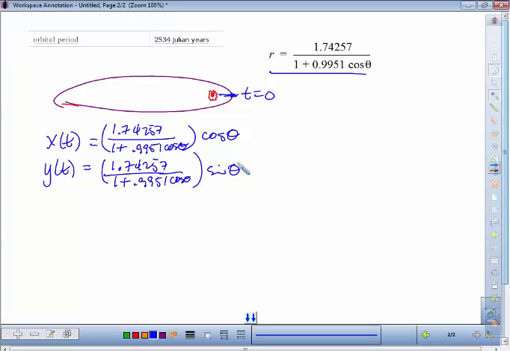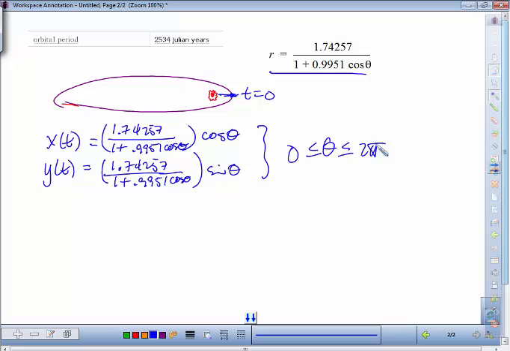So how long do you think this is going to go around the sun? What's our theta limits going to be? If we left our equation like this, what's our theta limits going to be? 0 to 2 pi, right?